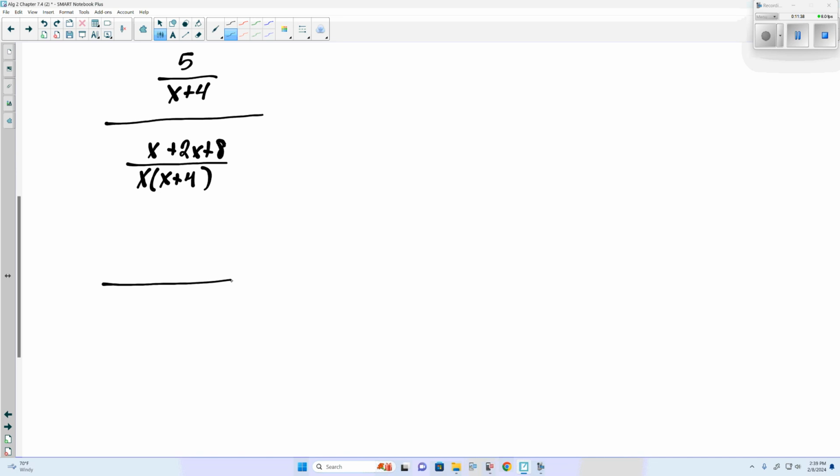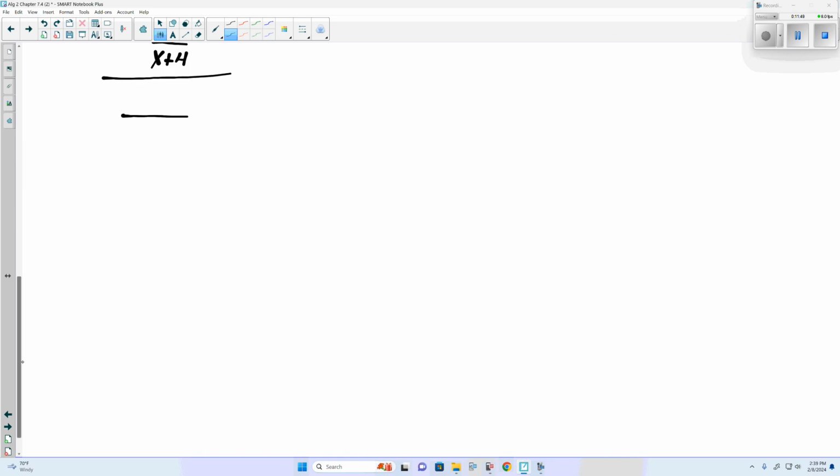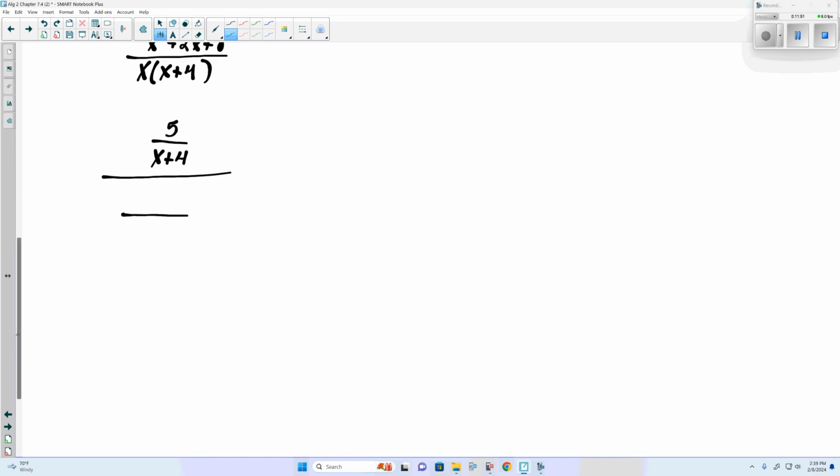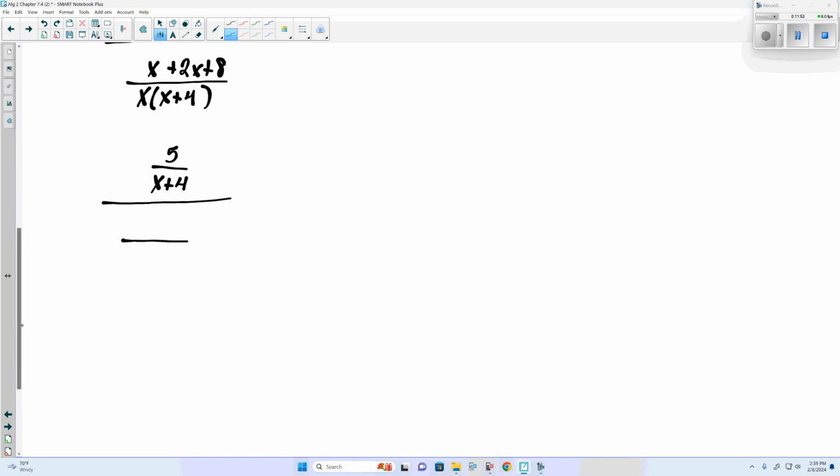We good up to this point? 5 over x plus 4. Now, the denominator, we do have some like terms. Our x plus 2x is 3x plus 8. In the denominator, we have x times x plus 4.